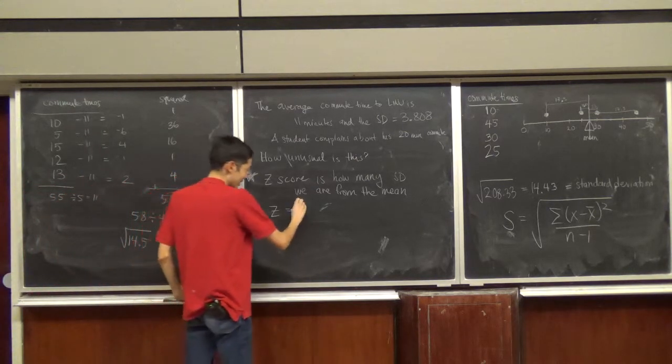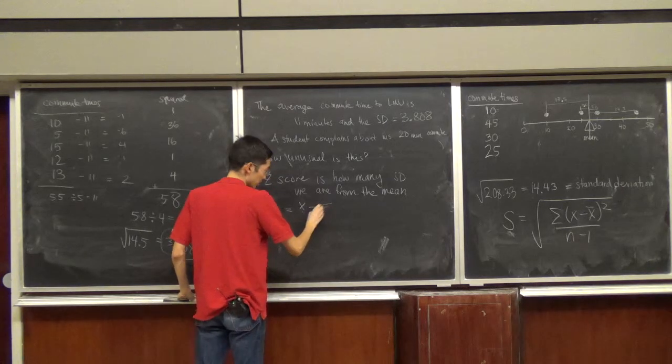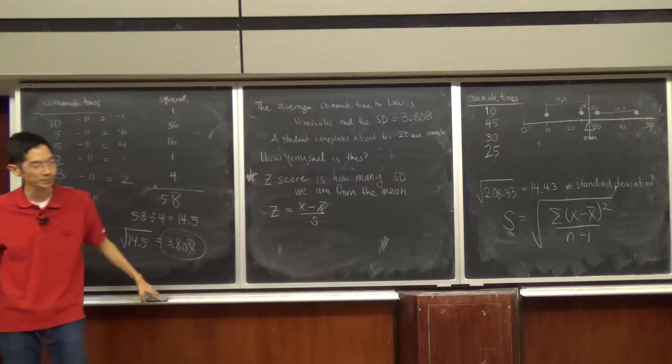So z is given by x minus the mean, which is x bar, divided by the standard deviation.